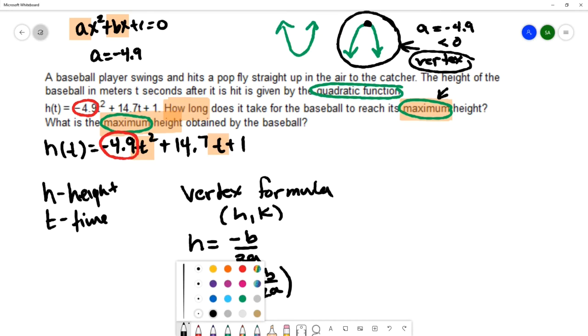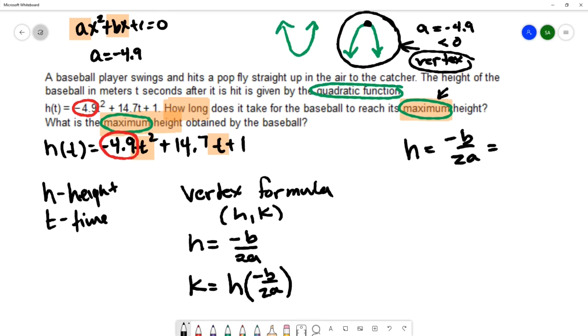So for our example, we're going to find h, which is negative b over 2a. That's negative 14.7 over 2 times negative 4.9. I've got my calculator here. So 2 times negative 4.9 will be negative 9.8.